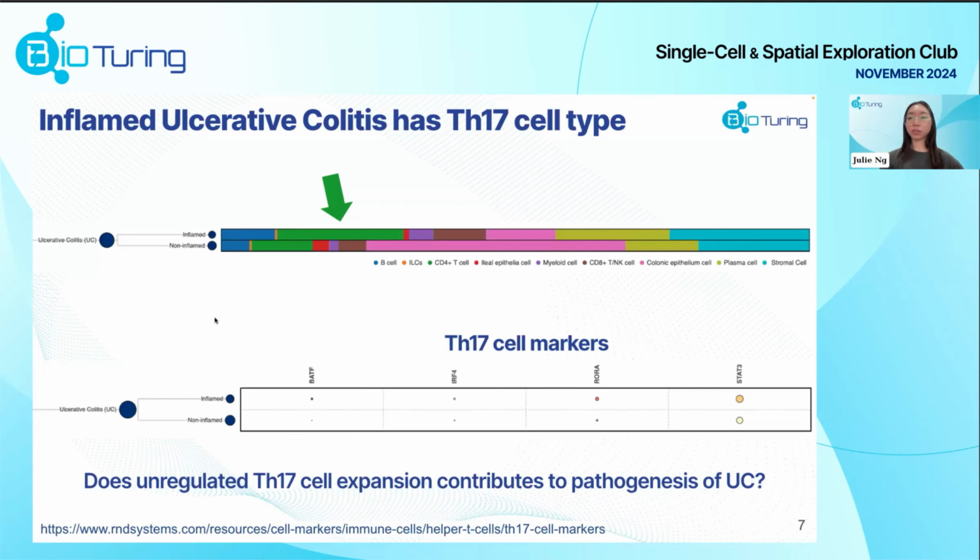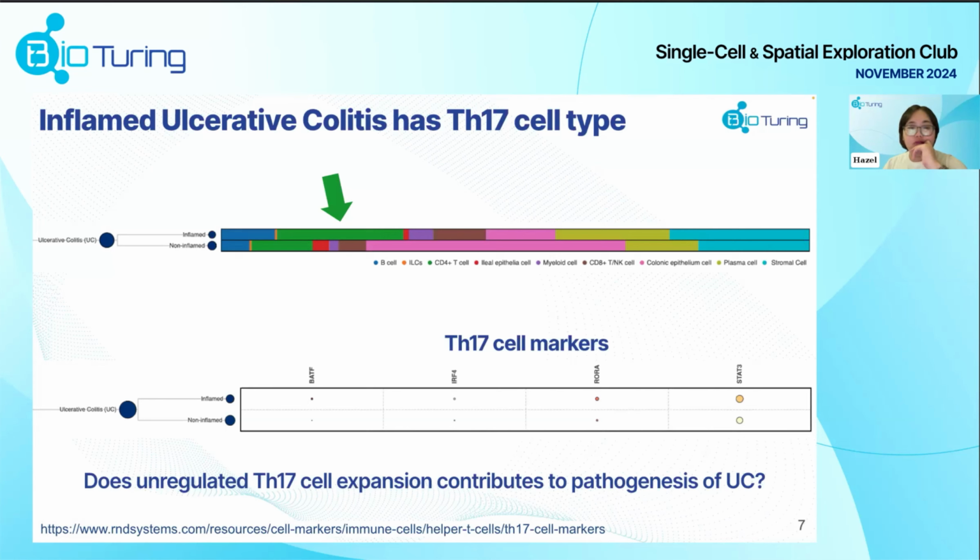But perhaps we can glean more information as we get further into the analysis. Interesting. So there's still very little research about the role of these cells, especially in IBD. Right. Okay, yes, thank you.